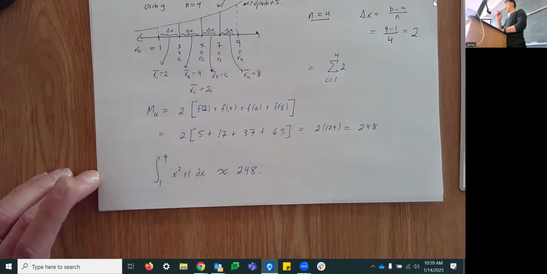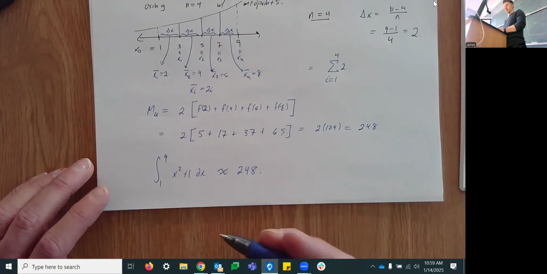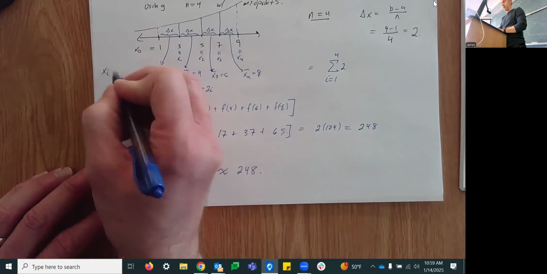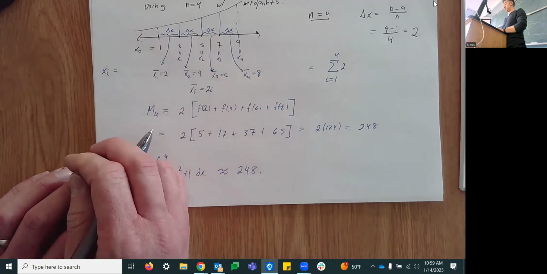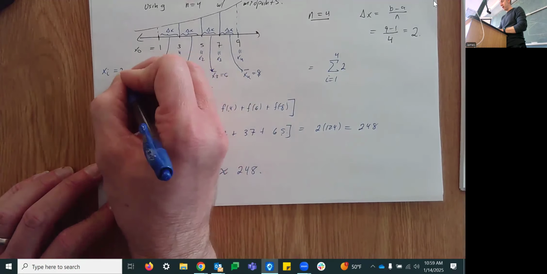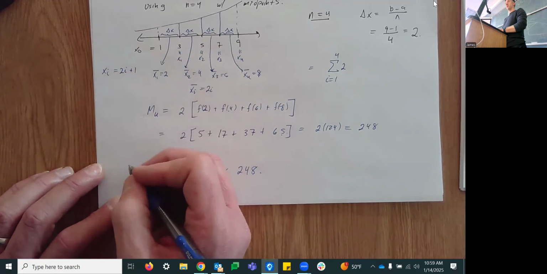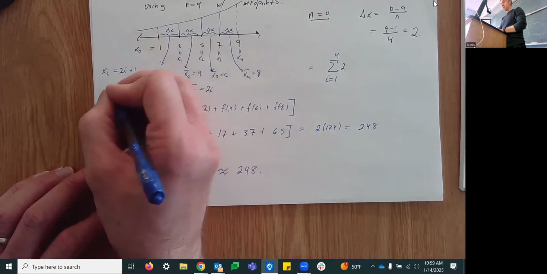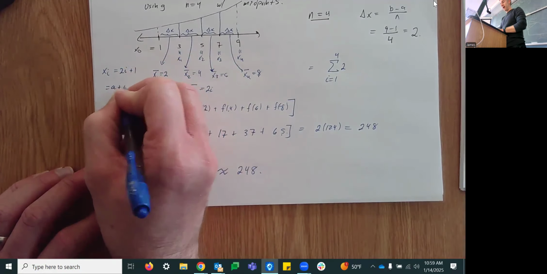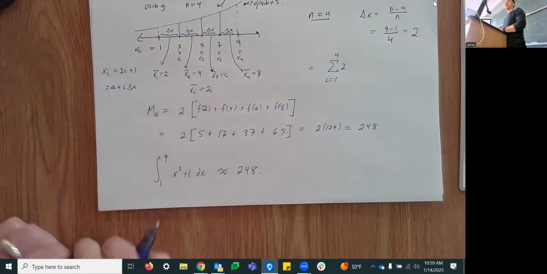On the other hand, if I was writing my right endpoints, I would say that x sub i is equal to, this shouldn't be surprising, 2 times i plus 1. Or in other words, my a plus i times my delta x.